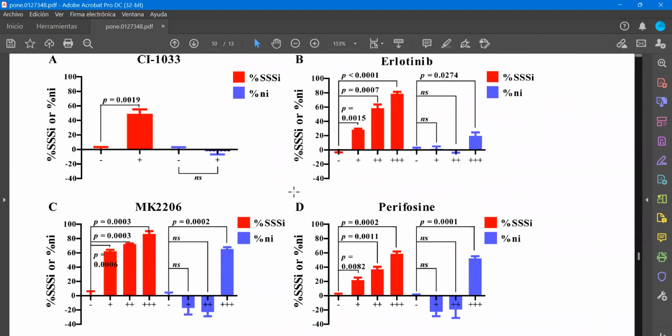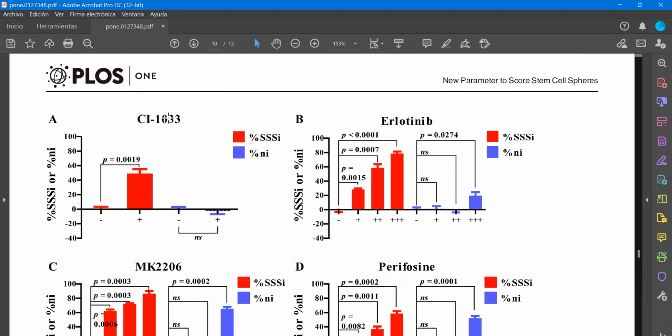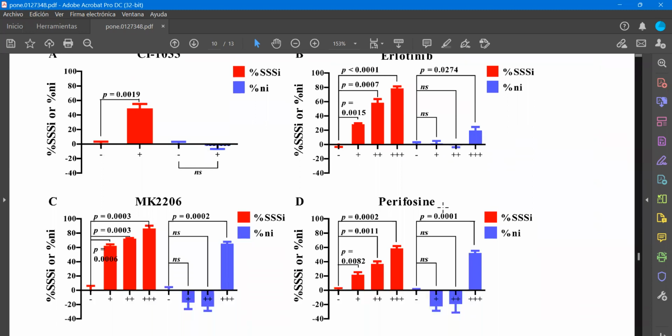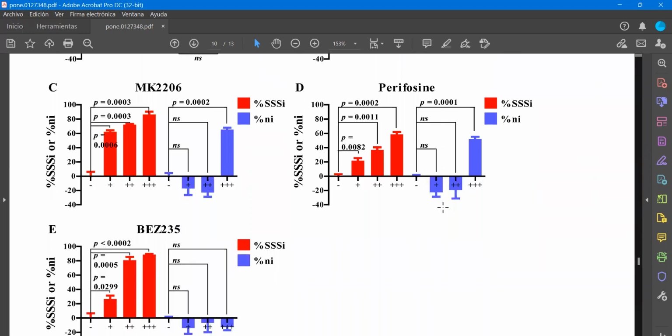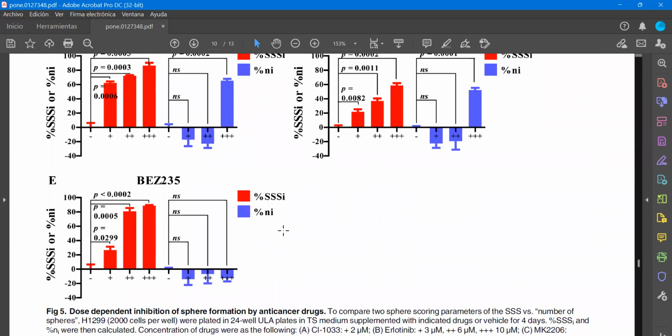Here are the drugs that they used, and according to the concentration, when the concentration of this drug increases, they see that this percentage of the standardized sphere score is a better parameter, whereas the percentage of the number of spheres doesn't show what is happening with the spheres.